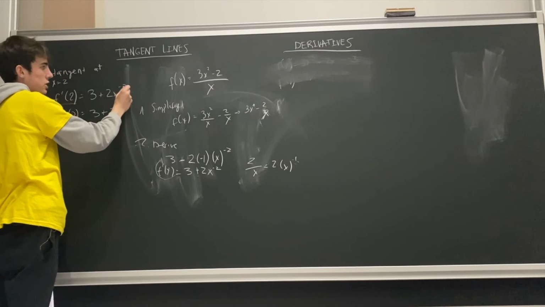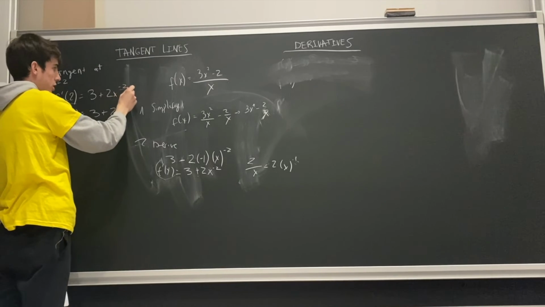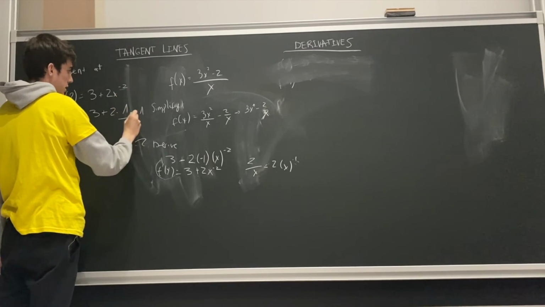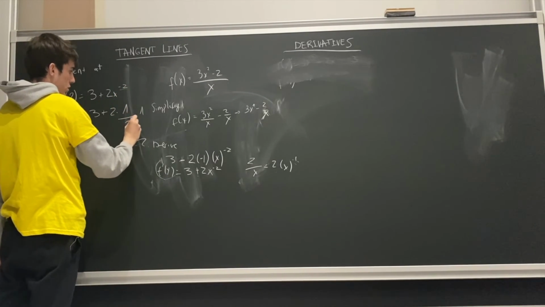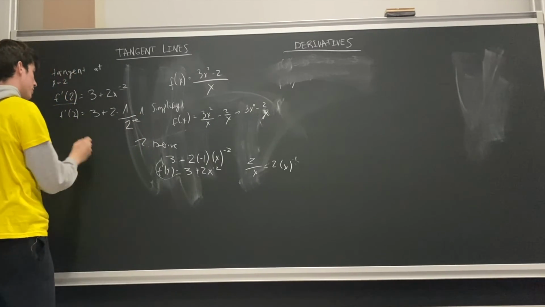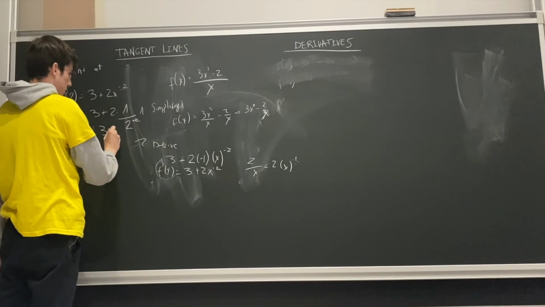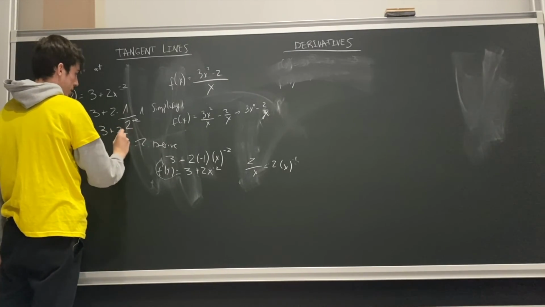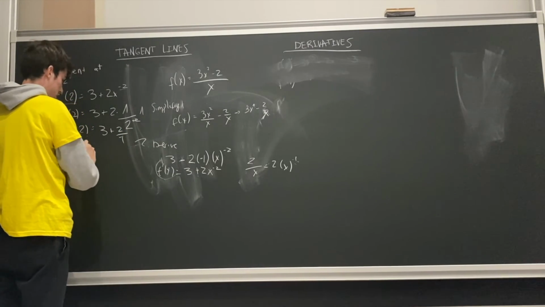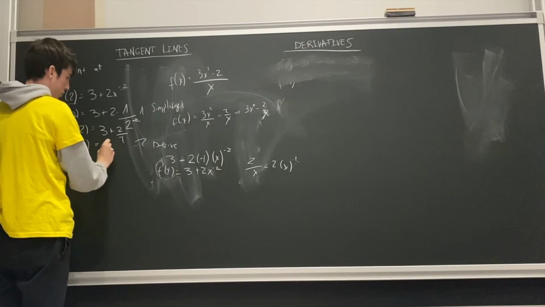When a number is to the negative square power, it's the same as putting it in the denominator. Therefore, in the end, we have f prime of 2 equals 3 plus 2 divided by 4, which is equal to 3 1/2.